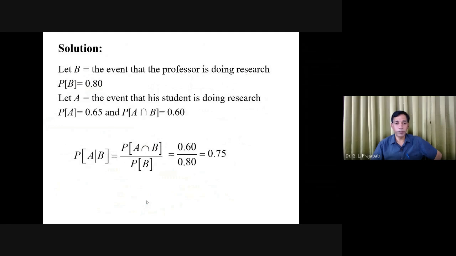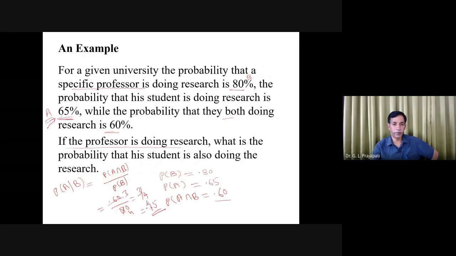So let B be the event that the professor is doing research. Whenever you have some problem, you just denote the events by some letters, not necessarily A and B. You can also denote them by X and Y, or the professor by T and the student by S, whatever you feel.